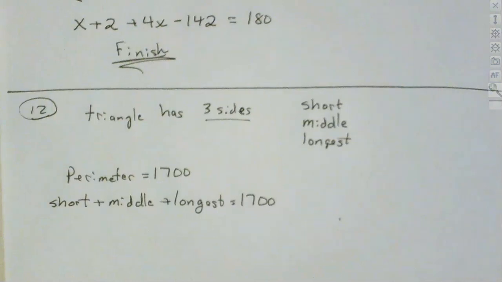Now we need to figure out how we can apply the variable x. So now it says one side is 100 feet longer than the short side, while the third side is 400 feet longer than the short side.